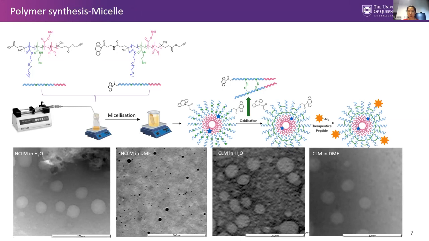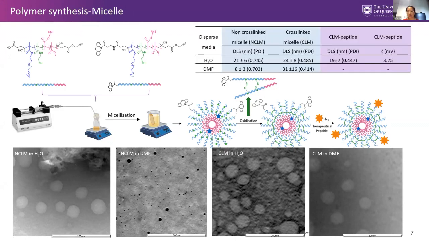And to prove a successful cross-linking for the system, we back-dissolved the non-cross-linked and cross-linked micelles into organic solvent, where you can see the second image on the left. The non-cross-linked micelle actually completely falls apart into linear polymer. But in the last image on the right, the cross-linked micelle actually remains a spherical shape.